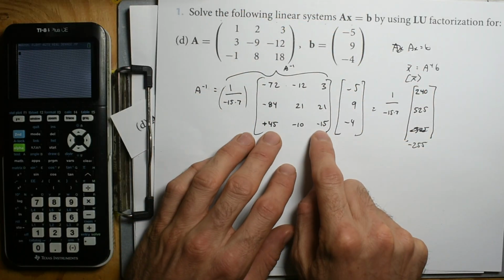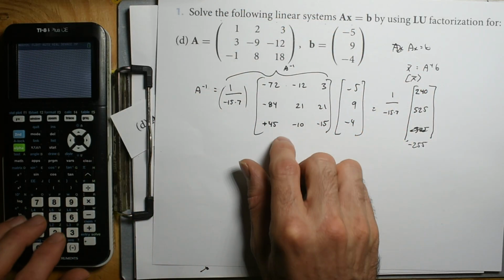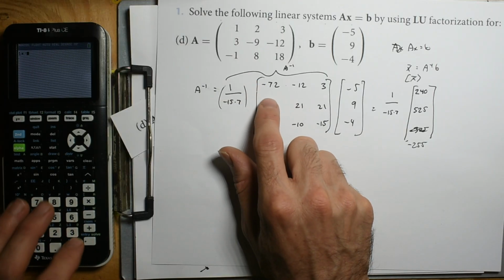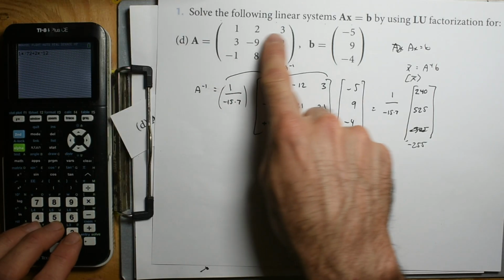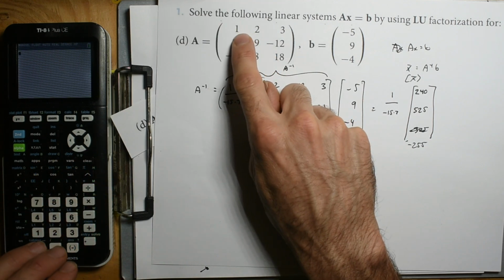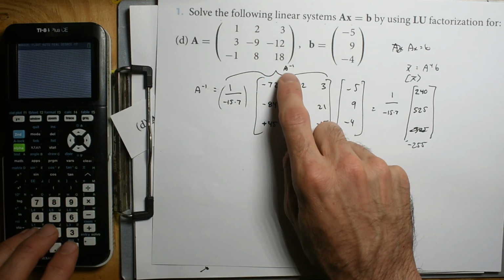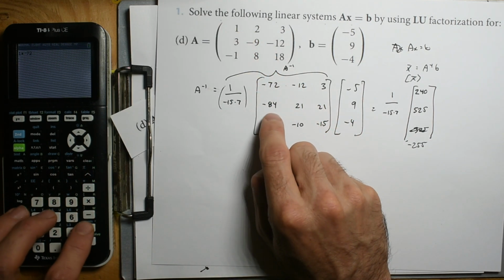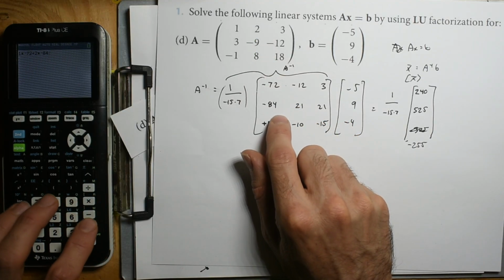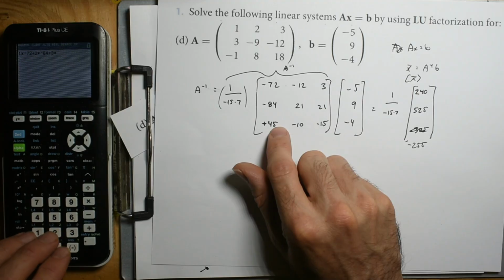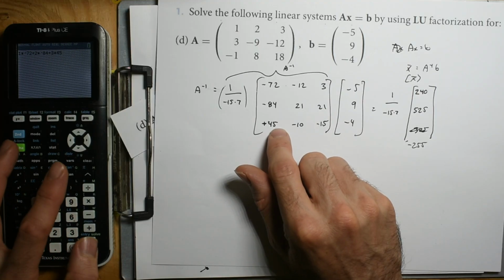A times inverse A should be the identity. So we have 1 times negative 72 plus 2 times negative 12. And I'm doing the wrong ones, so maybe that's where I was running into errors last time. 1 times negative 72 plus 2 times negative 84 plus 3 times 45.